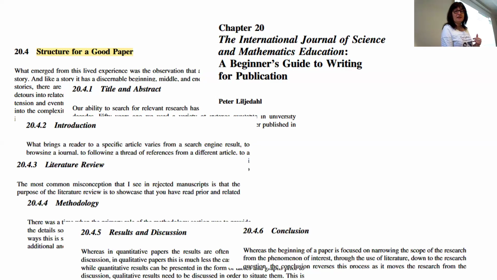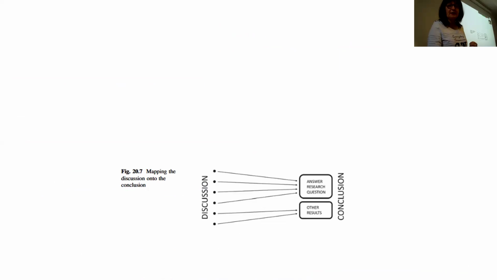So you will see that they put all the parts of the journal articles and the thesis as well, and he says what you should do, what you should concentrate on. And he also has such a nice picture here, which I wanted to present.